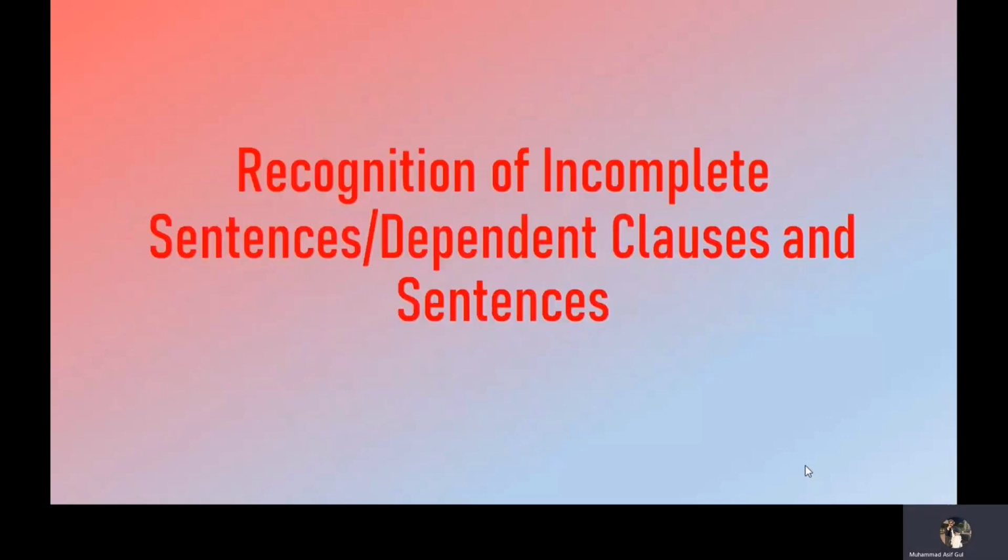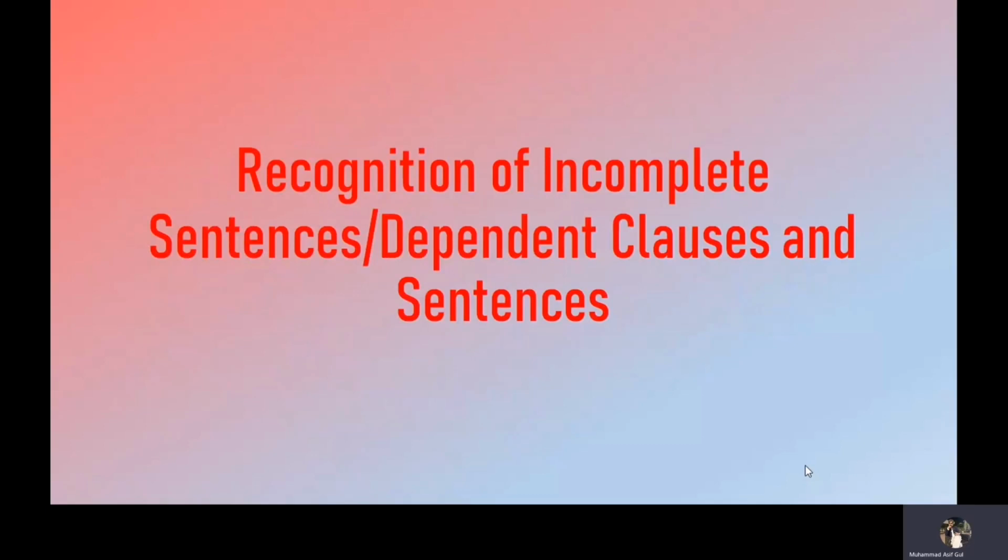Now we will move to our next step. Here we will be differentiating between incomplete sentences and complete sentences. We must know that incomplete sentences are also called dependent clauses or subordinate clauses.